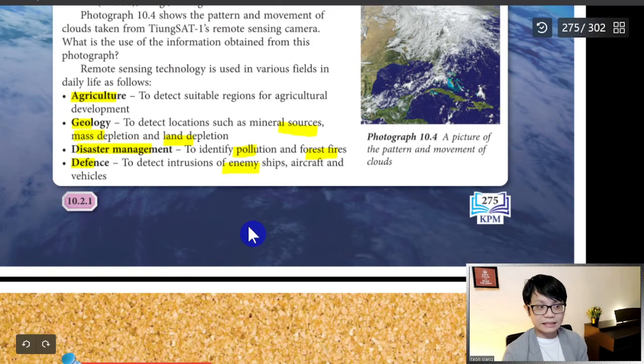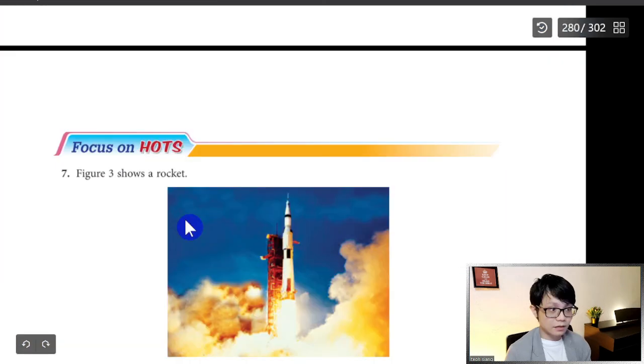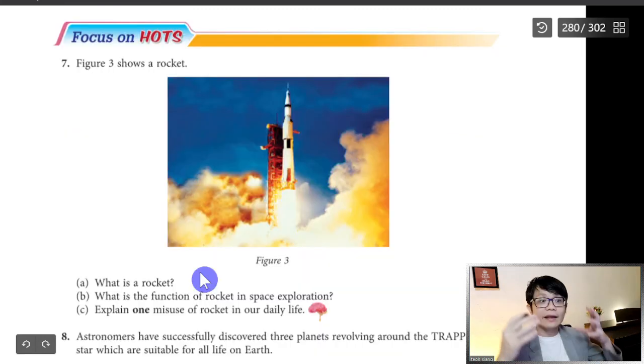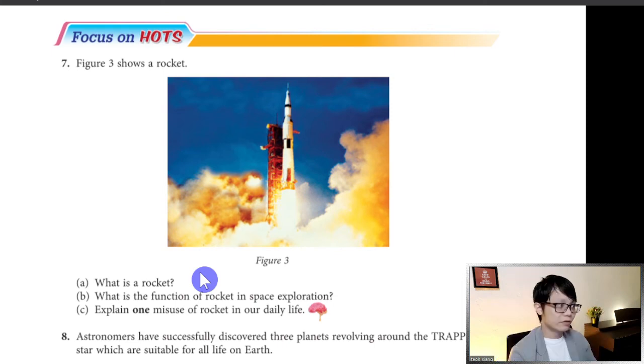And moving on, lastly, figure 7 shows a rocket. So what is a rocket? A rocket is an aircraft to carry something into space. Okay, a rocket is an aircraft to carry something into space. So I just write it down here.